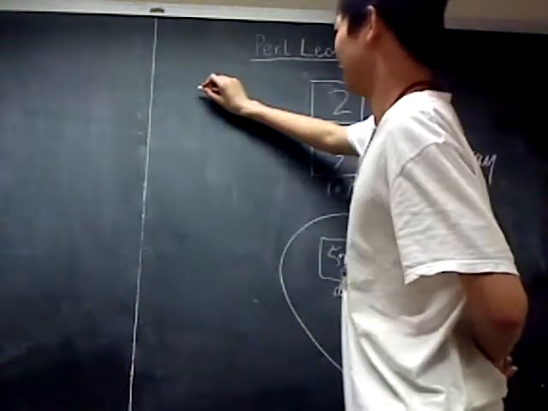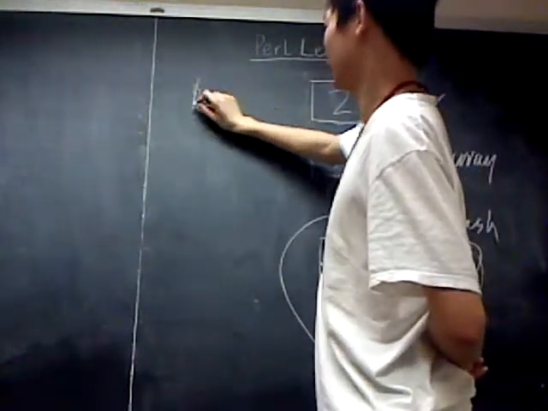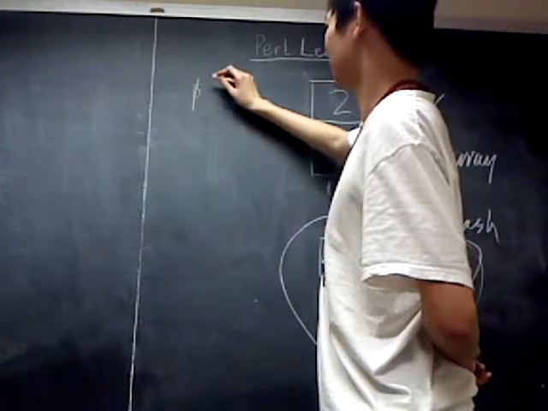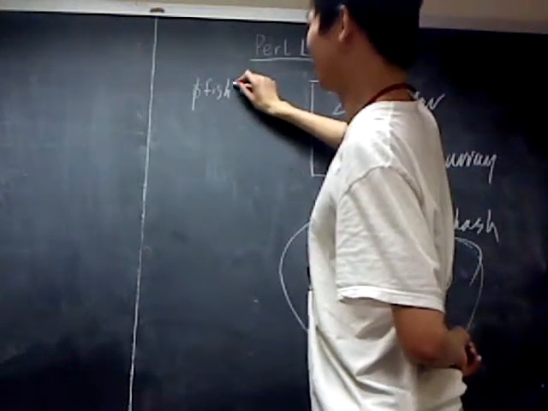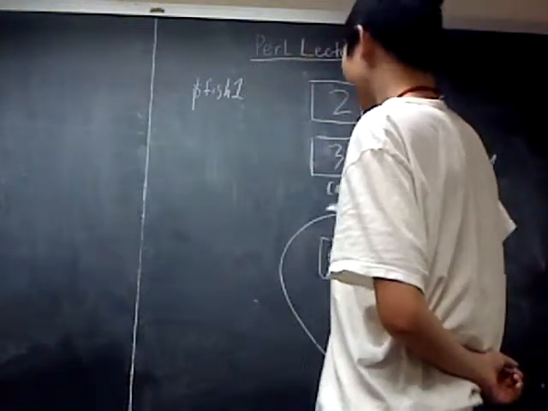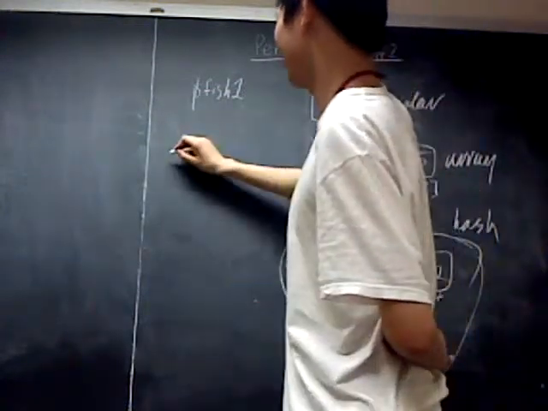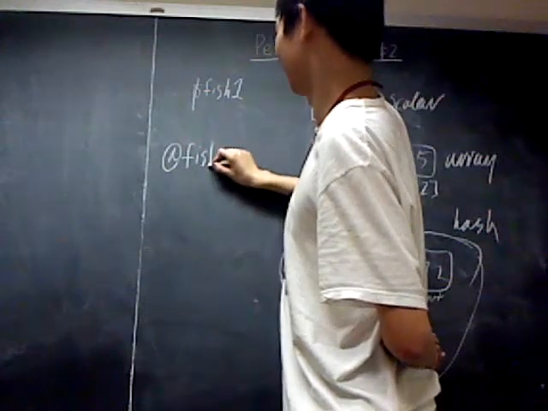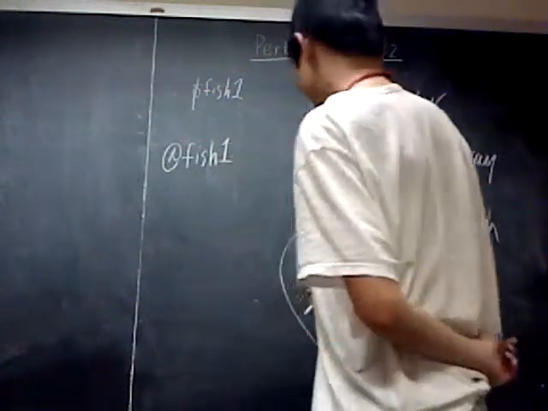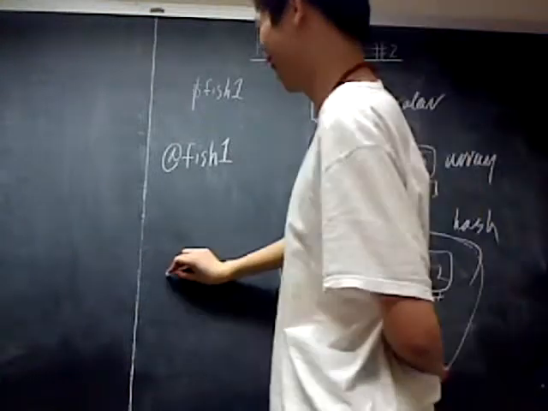I'll call this scalar fish1. I'll call this array fish1 also. I'll call this hash also fish1.